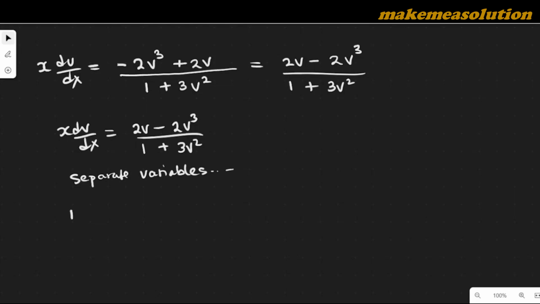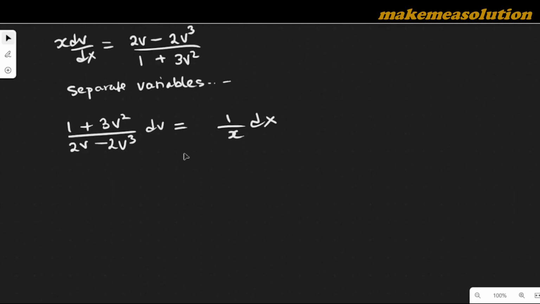Separating the variables, I have (1 plus 3v squared) all over (2v minus 2v cubed) dv is equal to 1 over x dx. So we are going to integrate.